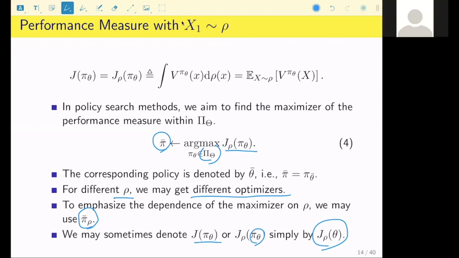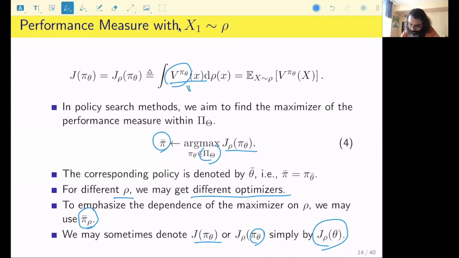So is this performance measure the same as expected returns? This is expected returns, but when the initial state is coming from distribution rho. So it's an average of expected return. V of pi theta is the expected return when we start from state x.